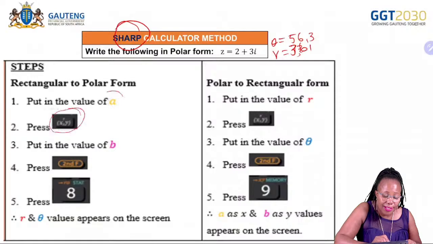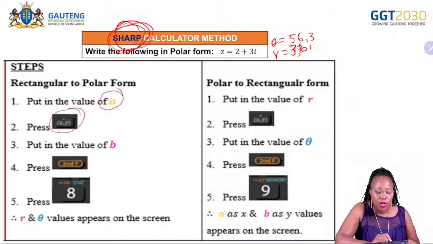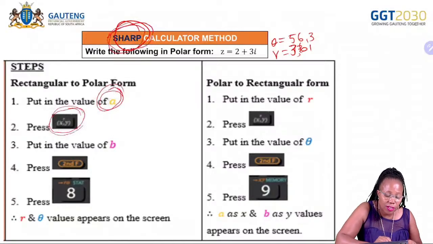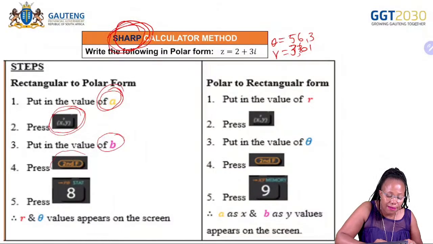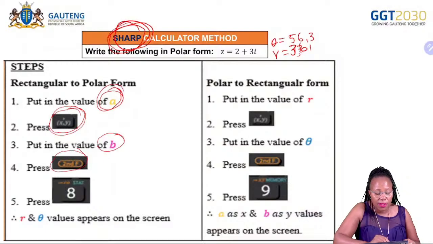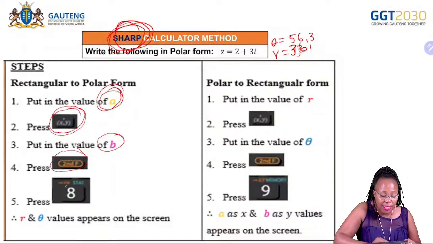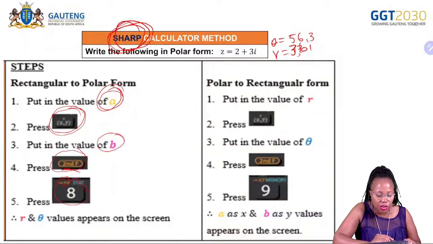Okay, you write A. It's a Sharp calculator, right? Ensure that you have a Sharp calculator. You type in A, and then you press this button on your calculator, and then it will show coordinate form, and then you put in the B value, and then you go to second function button, and then you go to this button here. We are targeting that R approaching theta there. Our aim is to go there, but you use this button of 8 because we have selected the second function.